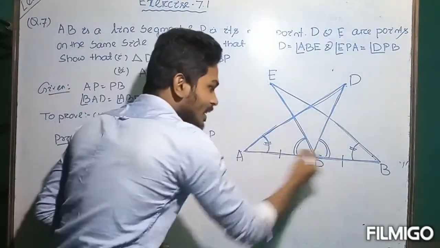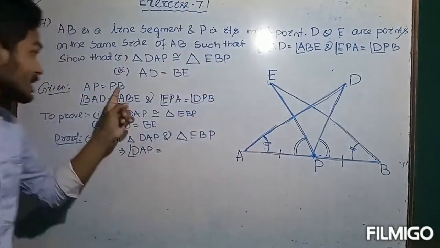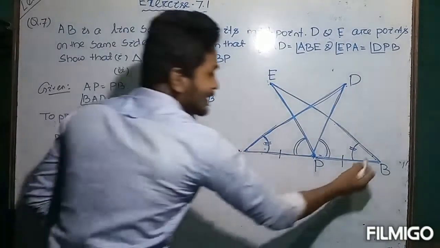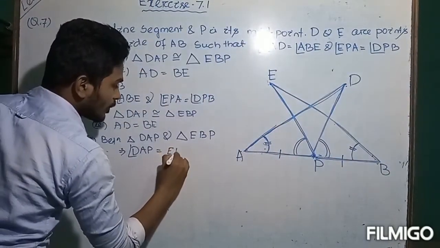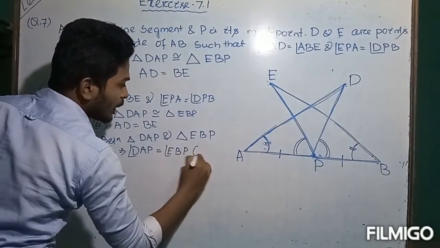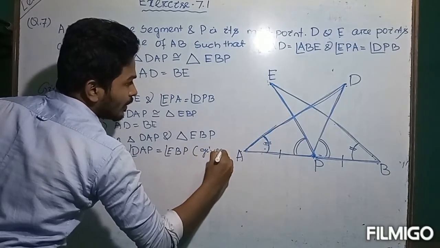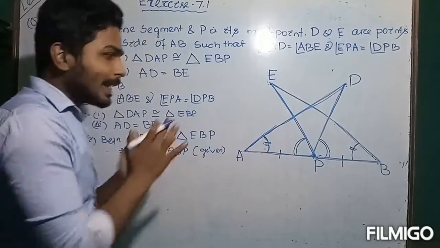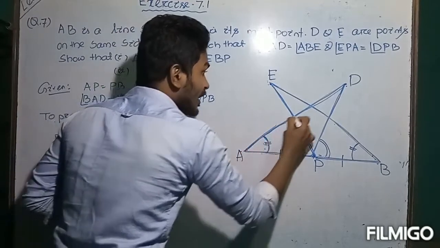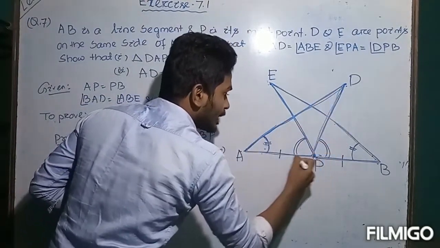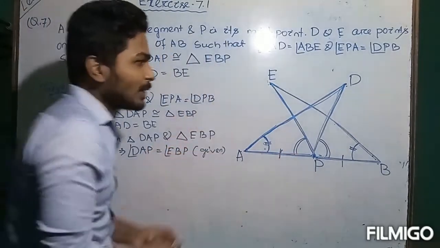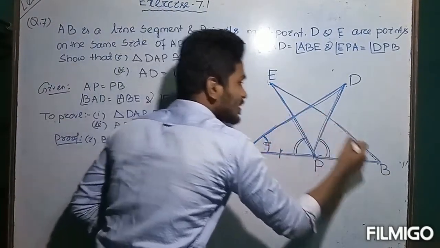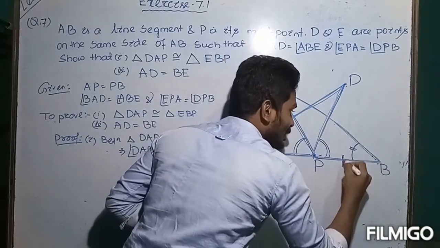See the symbol, this angle is equal to this angle, it is given. So this angle is EBP. Okay, why? Because it is given. Understood?